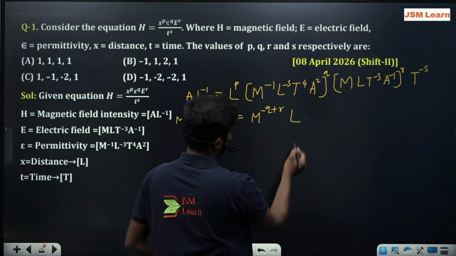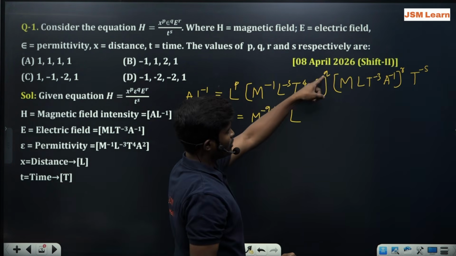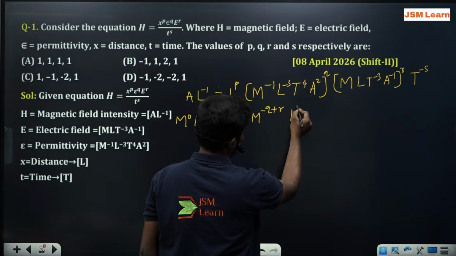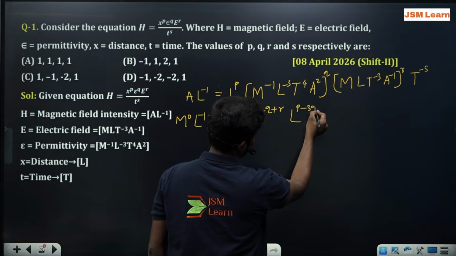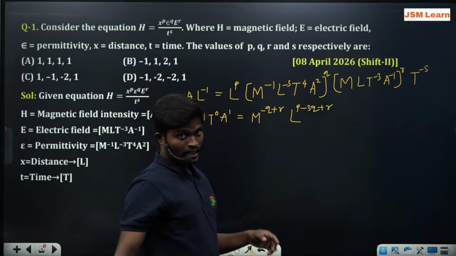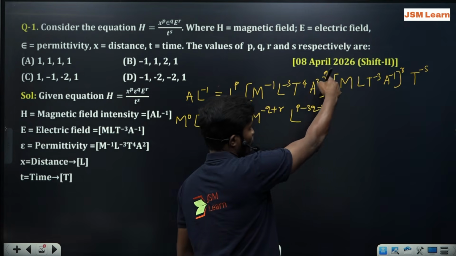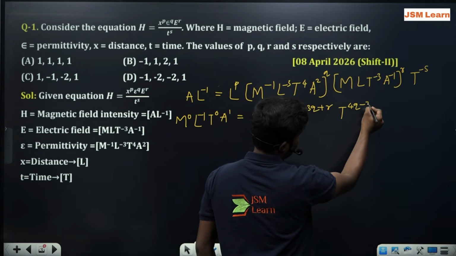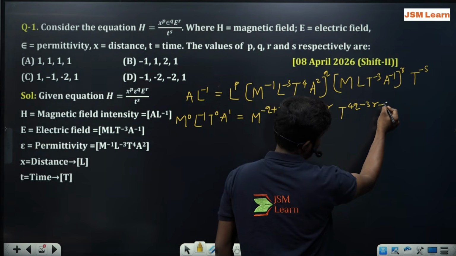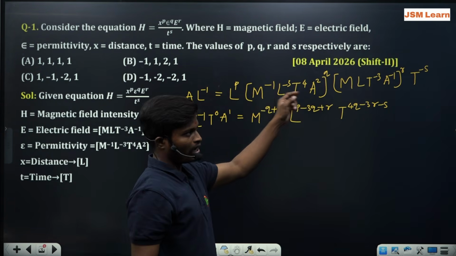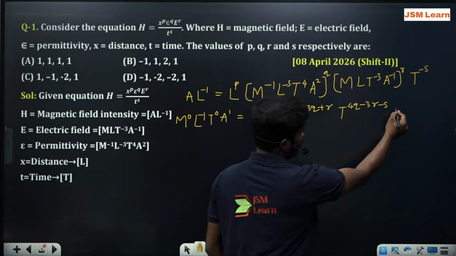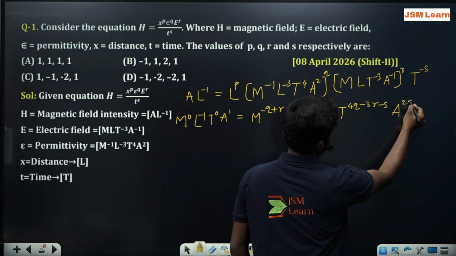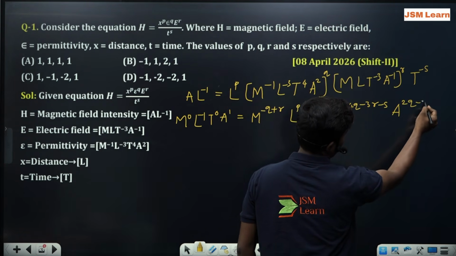Next L to the power p minus 3q plus r. Next T to the power 4q minus 3r minus s, and last A to the power 2q minus r.